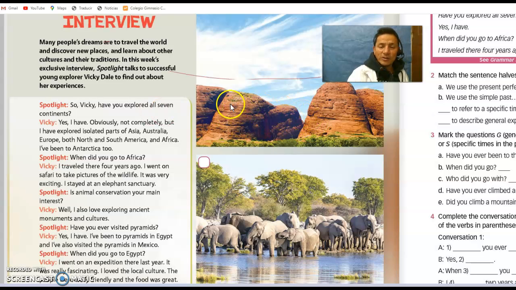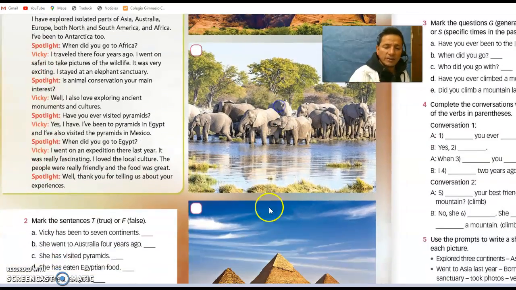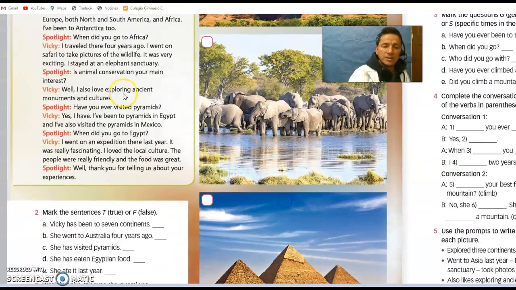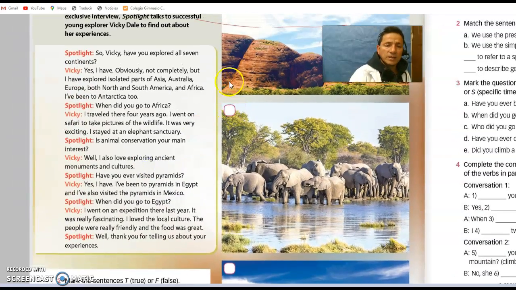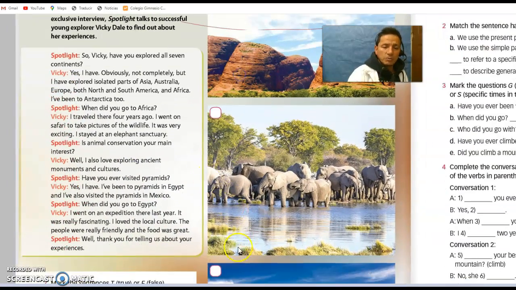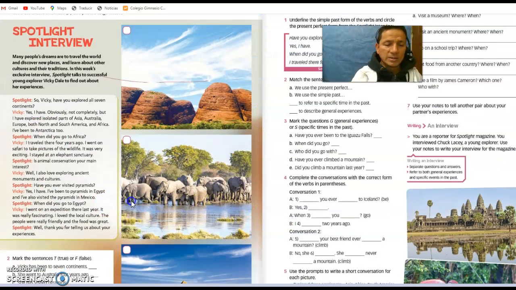Is this mentioned in the story? Is this Africa? No, it's not Africa. This is Egypt, so she went to Egypt. Obviously, the two pictures are 1 and 2, Africa and Egypt. All right, good. Activity 1, you're going to take here and here, no more.